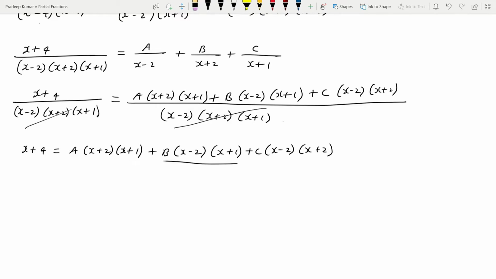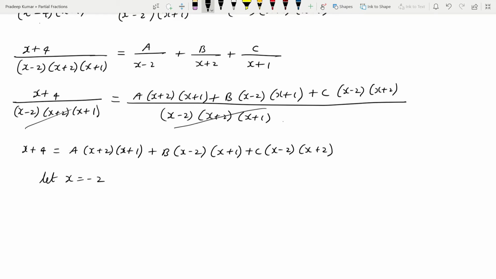Now to make A value 0, in the place of x, if I take x equal to -2, then this -2 plus 2 will get 0. So here also if I take x equal to -2, this whole C will become 0. You will understand more clearly as we go on. So I will take x equal to -2.